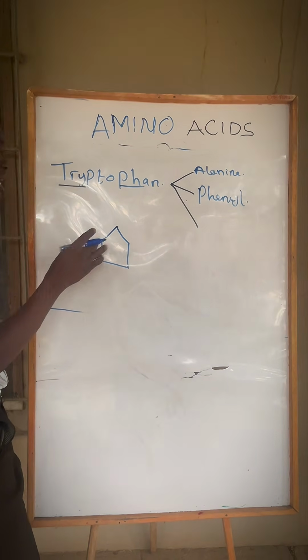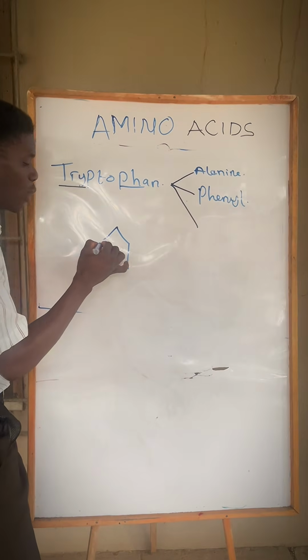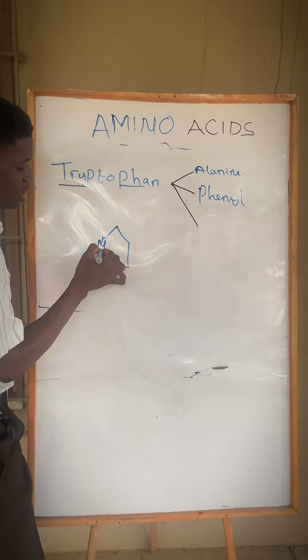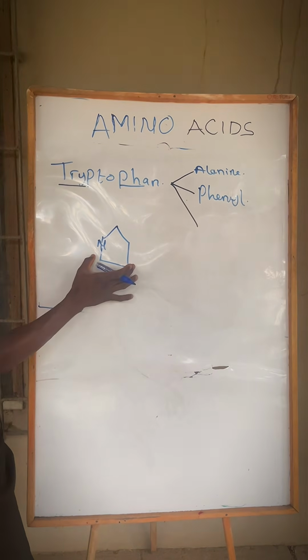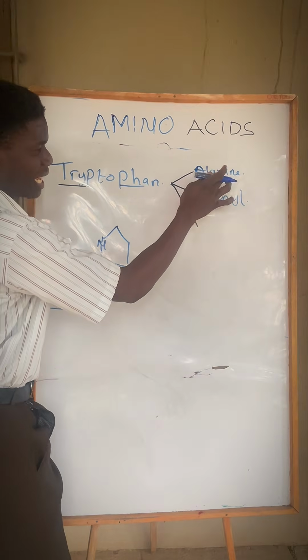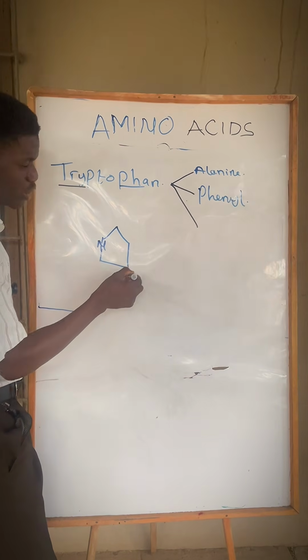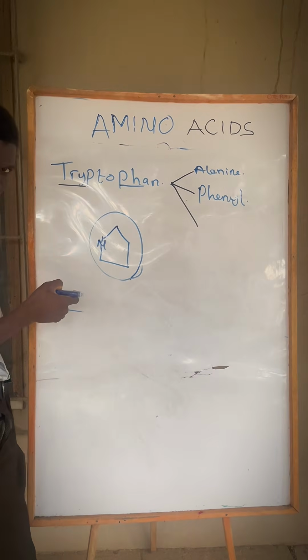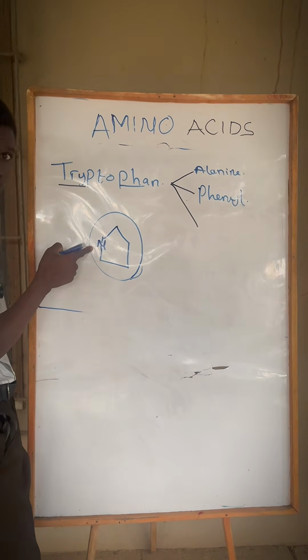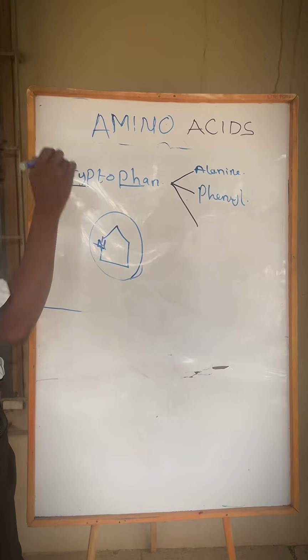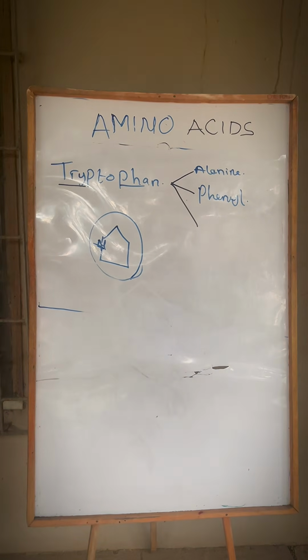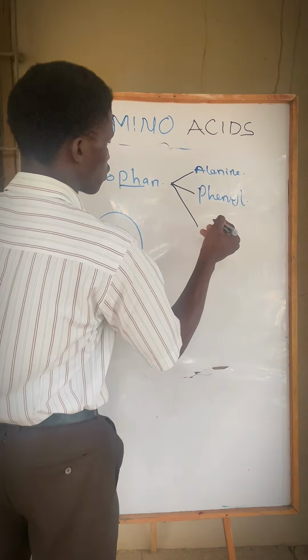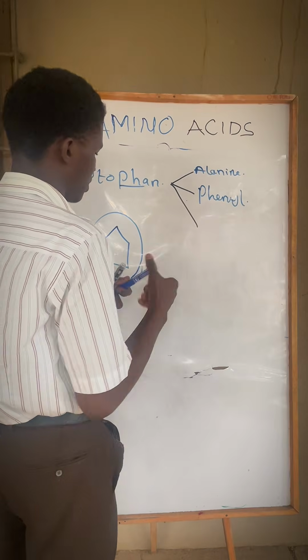Like this. That is just like a house, but it will have 1 window. That's to tell you that we have this structure too. Apart from alanine and phenyl, we also have this structure, which is your farm. In your farm you will have a house like this, but it usually has 1 window, and that 1 window is your N, which is nitrogen. So it means we also have this structure here. Let me draw it.